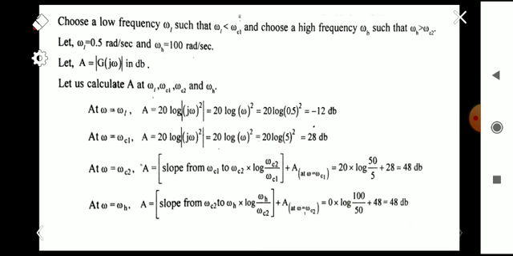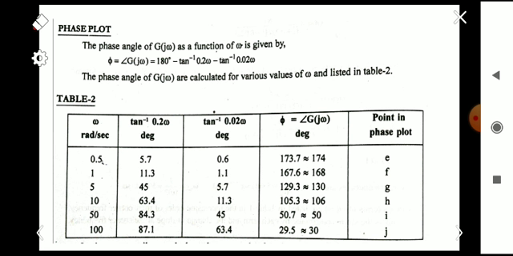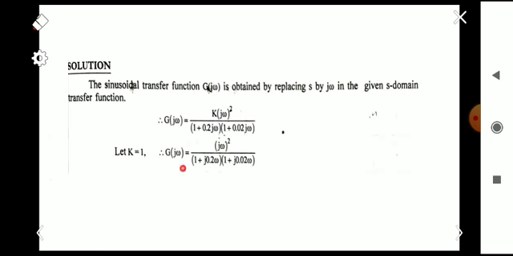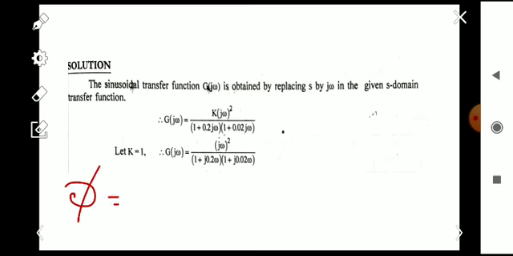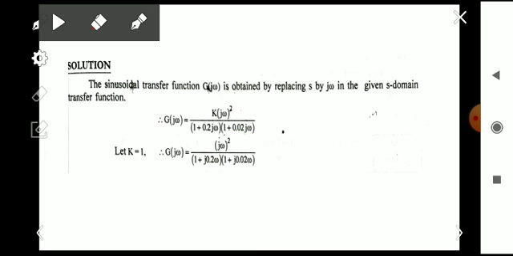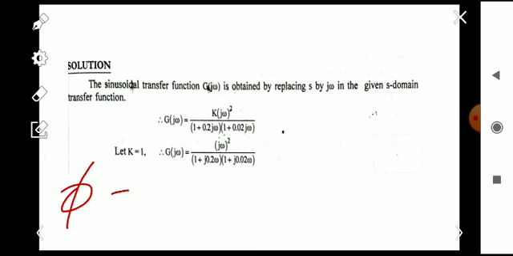Next we calculate the values for the phase plot, and for that we have to write the phase angle. This is our function, and the phase angle phi is first the angle of the numerator part. Numerator is j omega square, so the angle is plus 180.